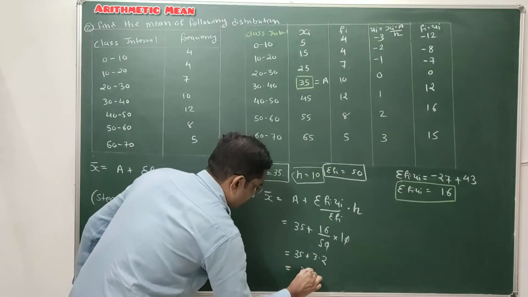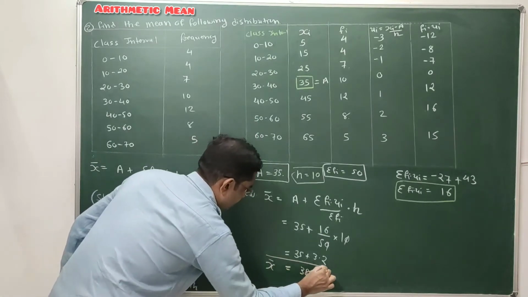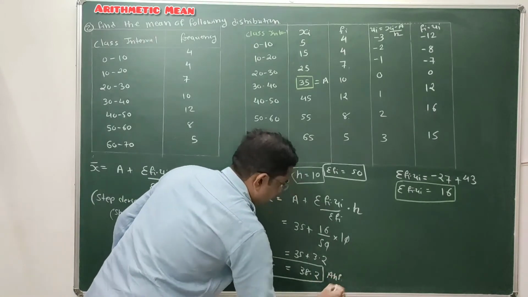So this one is 38.2. The mean of given data is 38.2 is the answer. Clear, students?